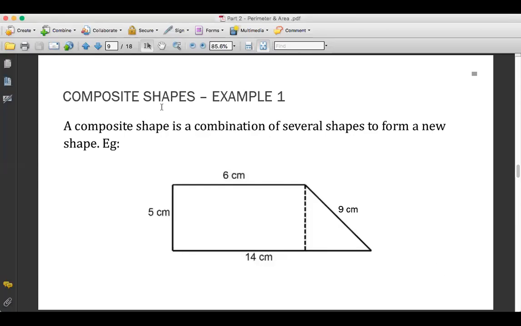Here we go. Okay, now composite shape is basically when they combine two or more shapes all together to form something new.